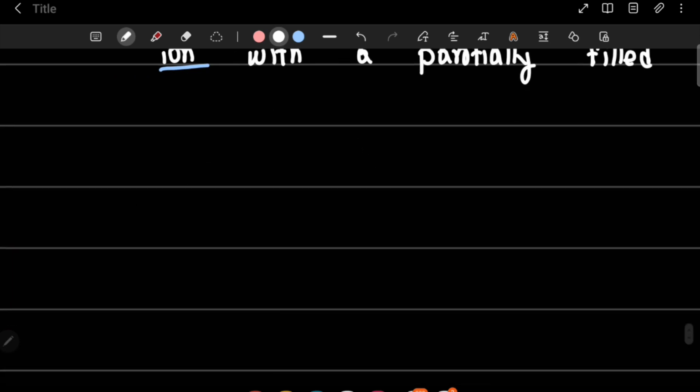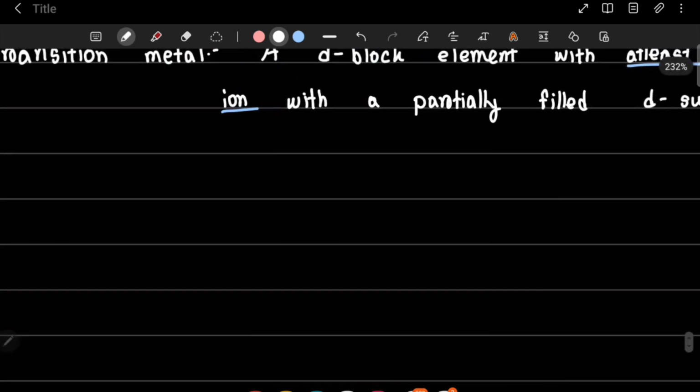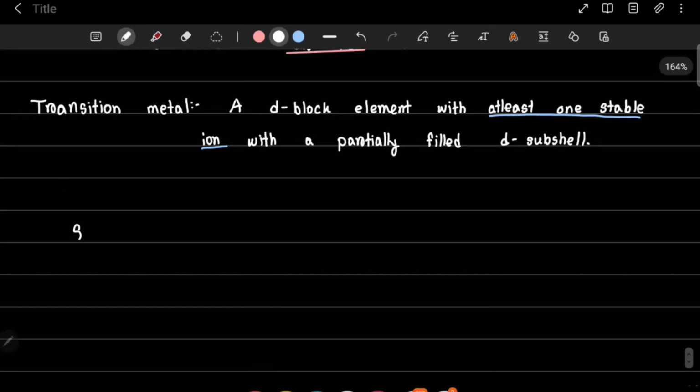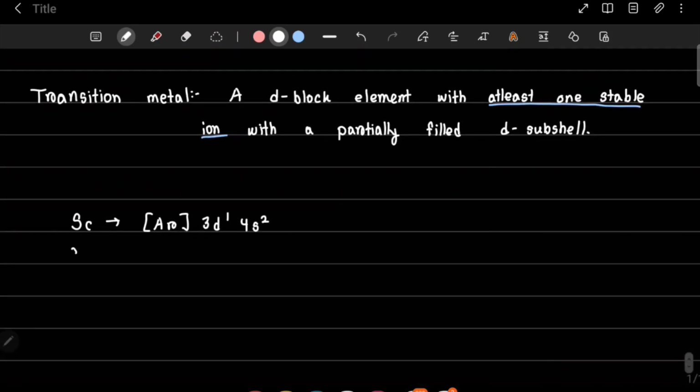A d block metal which isn't a transition metal is scandium. Scandium has an electronic configuration of argon 3d1 4s2. Now the only stable ion of scandium is scandium 3+. This has an electronic configuration of argon 3d0 4s0.